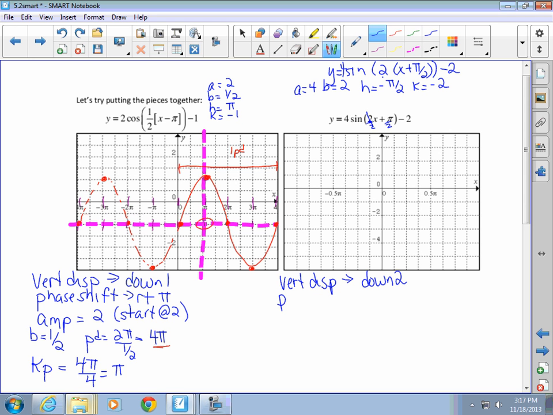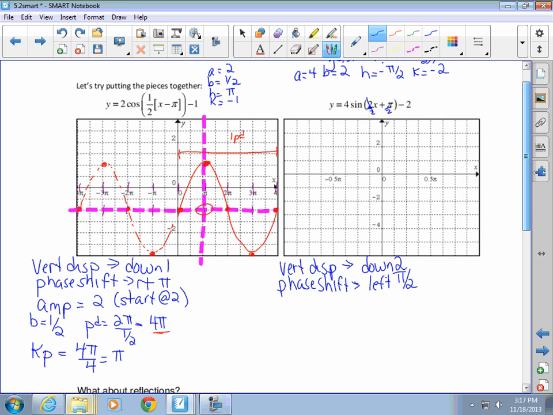My phase shift was a negative pi over 2, so that means I'm going left. Too many lines. Left pi over 2. My amplitude is a 4.